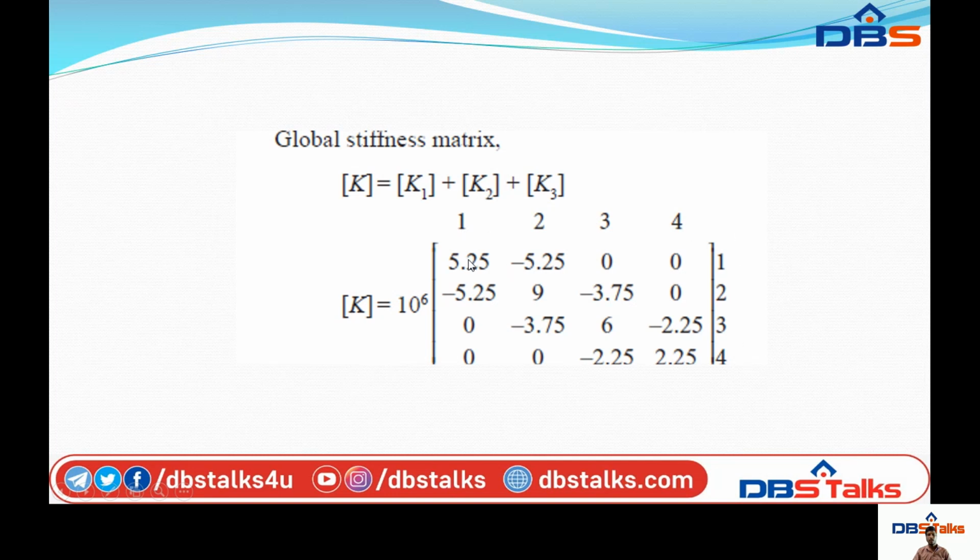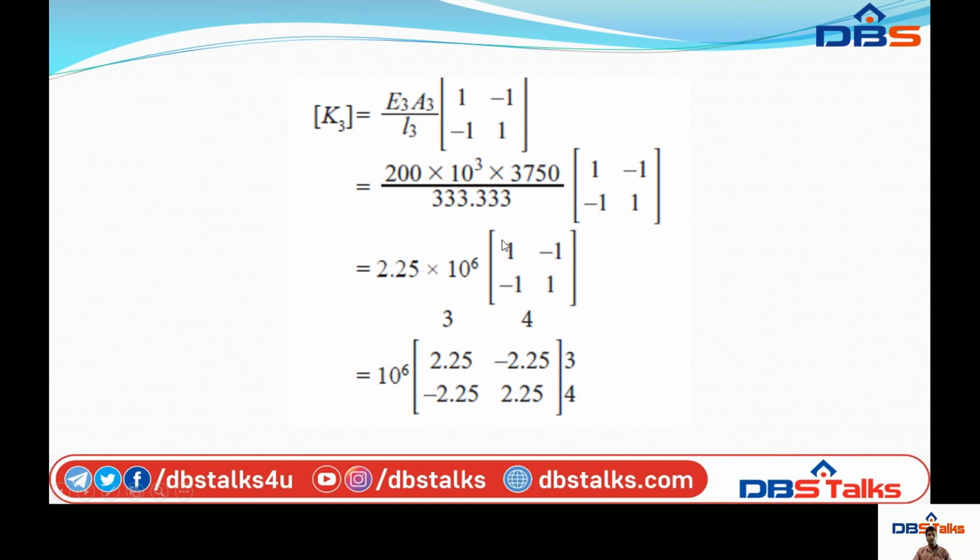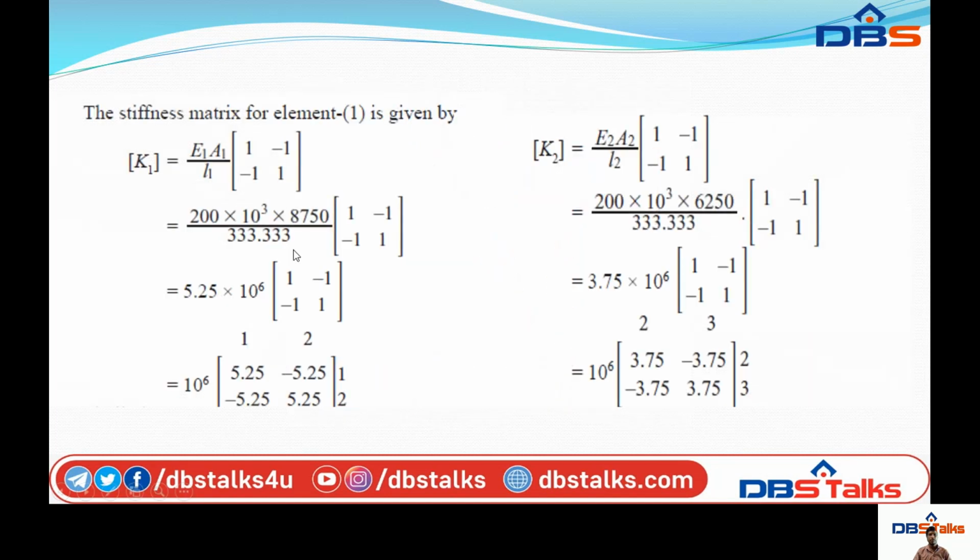This matrix will be in the form of K11, K12, K13, K14, K21, K22, K23, K24, K31, K32, K33, K34, K41, K42, K43, K44. First of all, I am writing the K11 value. Students, please listen. It is very important how to sum up and write the global stiffness matrix.